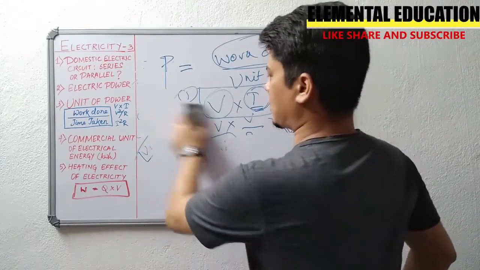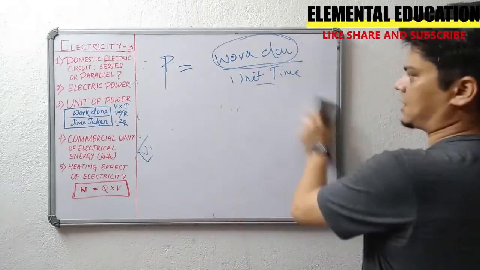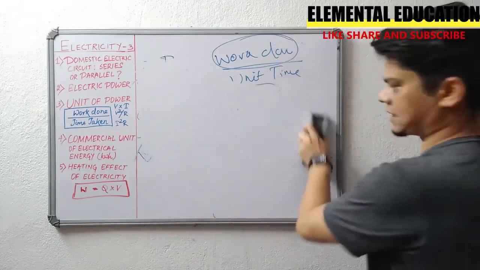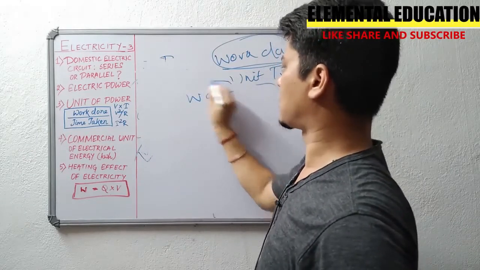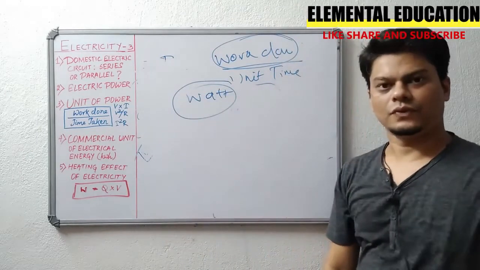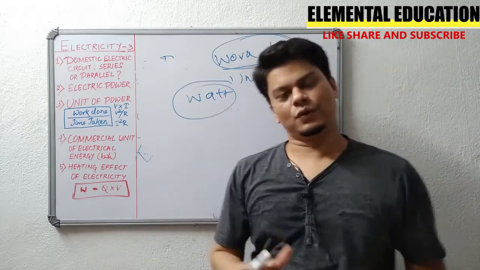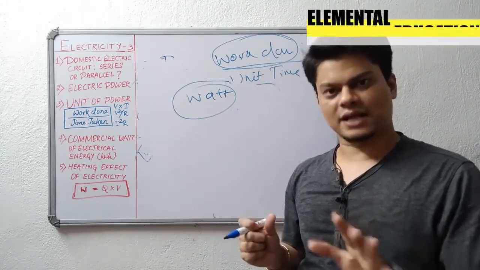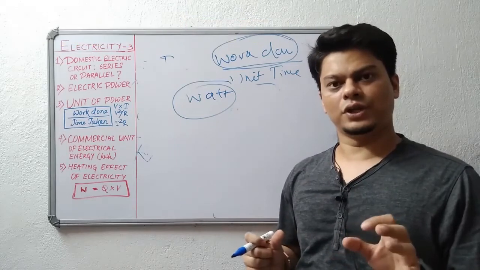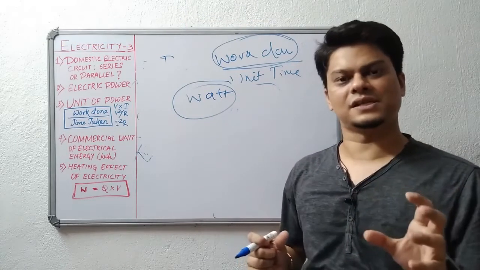So what is the unit of electric power? The SI unit of electric power is watt, W-A-T-T. In the first video I told you to go and check any appliance.